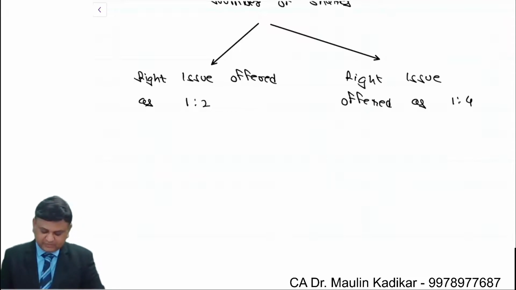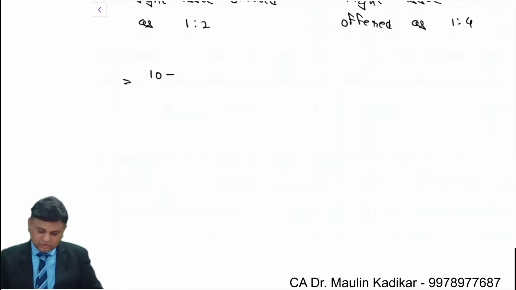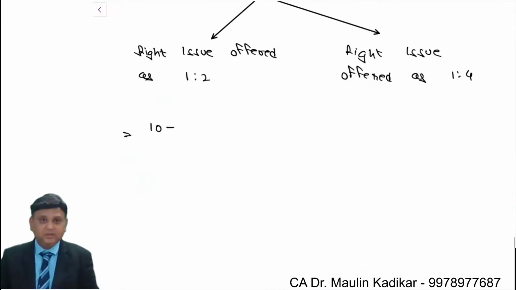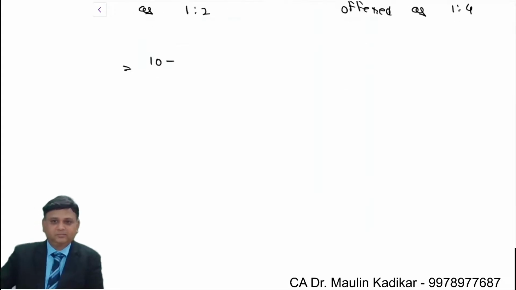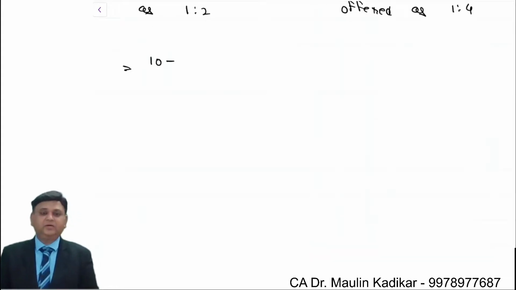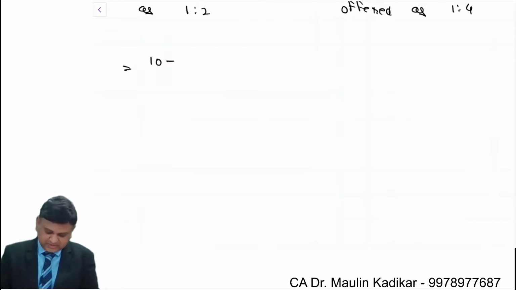In the first case, what will happen, friends? It is 10 rupees per share minus, what would be the offer price? So 10 minus offer price, we are required to calculate the offer price in the first case. That is an amount of 20,000 rupees divided by the number of shares that you are required to issue. That is an amount of 5,000.